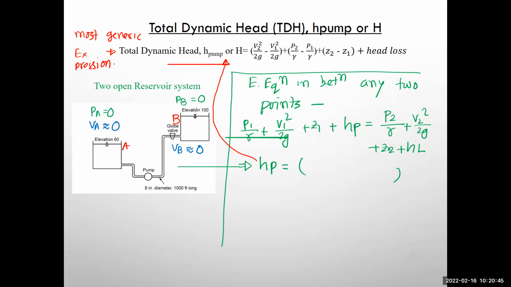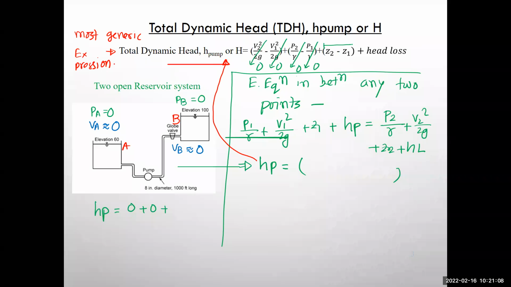Now if I apply this to this general expression, V is 0, V1 is 0, P2 is 0, P1 is 0. That means pump head equals to what? 0 plus 0 plus Z2 minus Z1, which is delta Z, plus head loss, right?